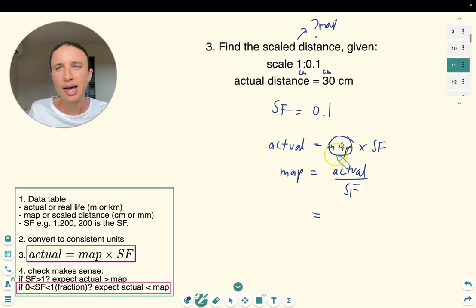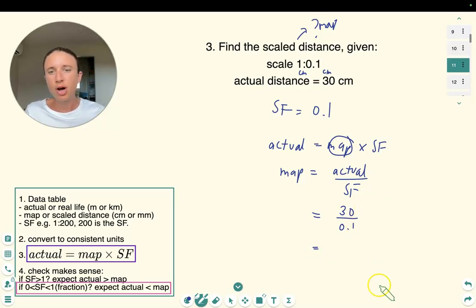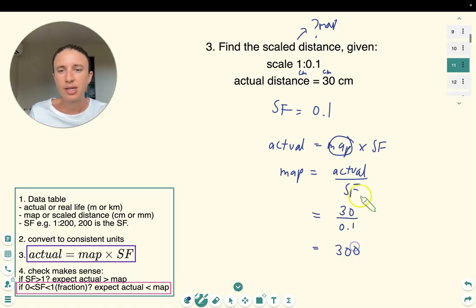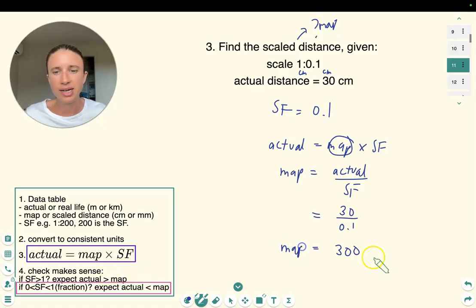So we've got the actual is 30 over our scale factor, which is 0.1. Now we're dividing by a fraction here. Does anyone know what happens when we divide by a fraction? Look at our answer. Dividing by a fraction actually gets a bigger number. So this is where this fourth step comes into play. Notice here, we've got our map distance is actually bigger than our actual distance.